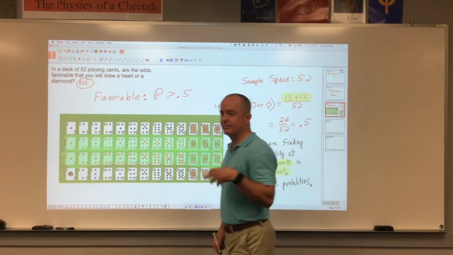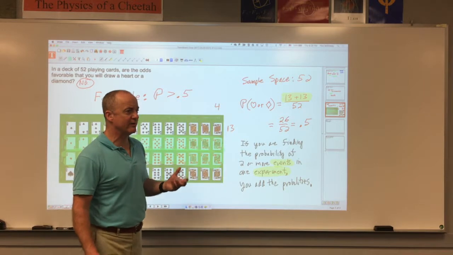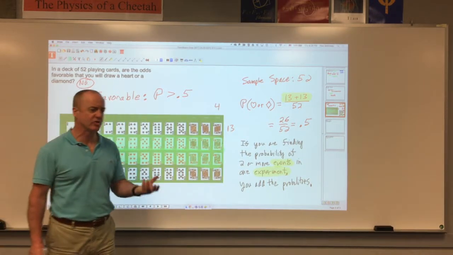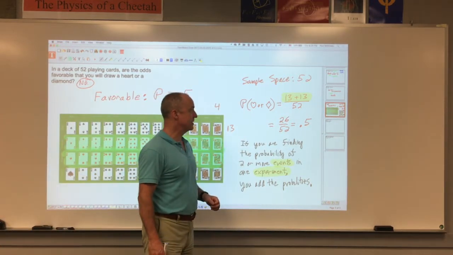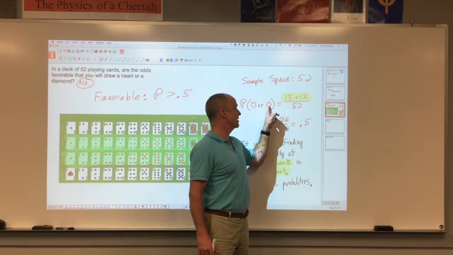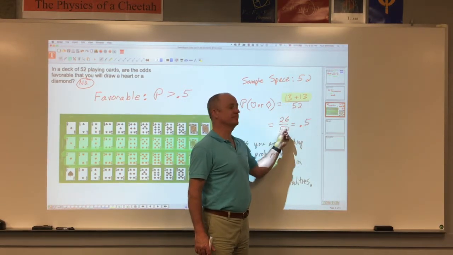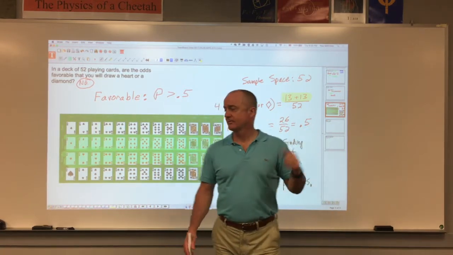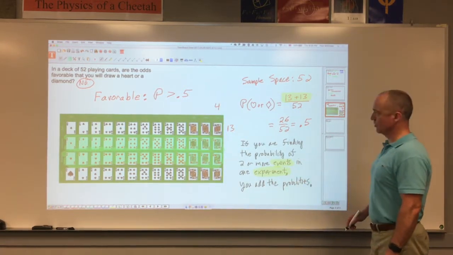Doing one experiment, but more than one event is in your probability. Add the probabilities. That's why I took the probability of pulling a heart and the probability of pulling a diamond, and I added them. Okay? So there's another probability rule for you.